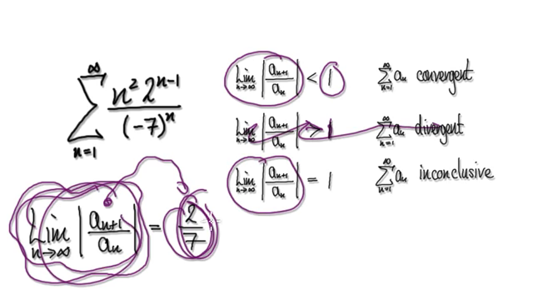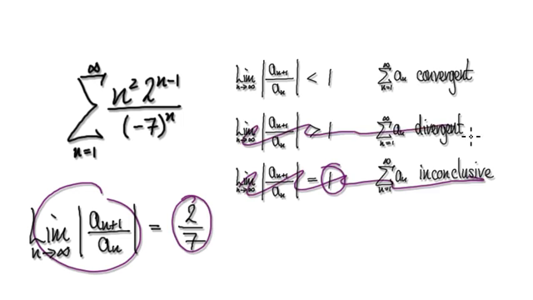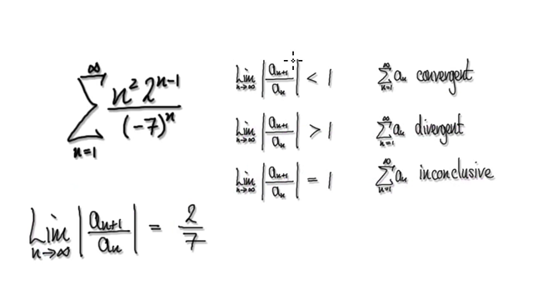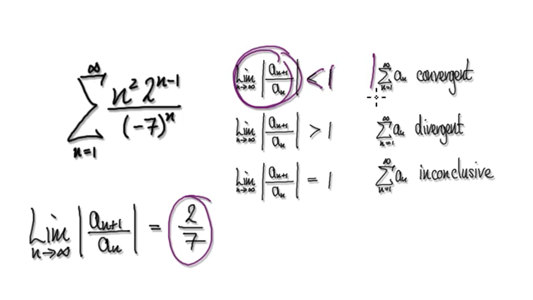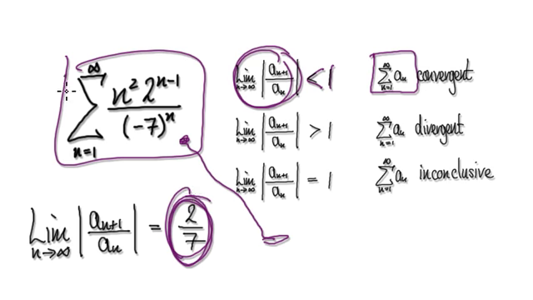Our value here is not 1 because it's 2 over 7, so this is not true. This here will be true: our value is less than 1. Therefore it tells us that the original series will converge. Because this is less than 1, the original series will converge.